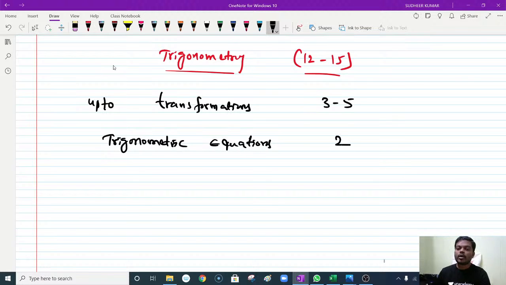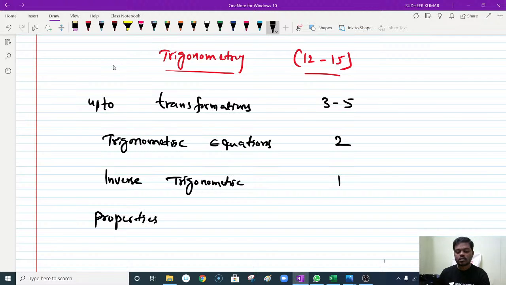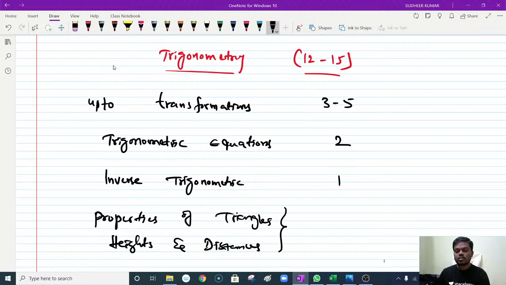Trigonometric equations, 2 marks. Inverse trigonometry, one mark. Properties of triangles, heights and distances, these are 2 to 3 marks.